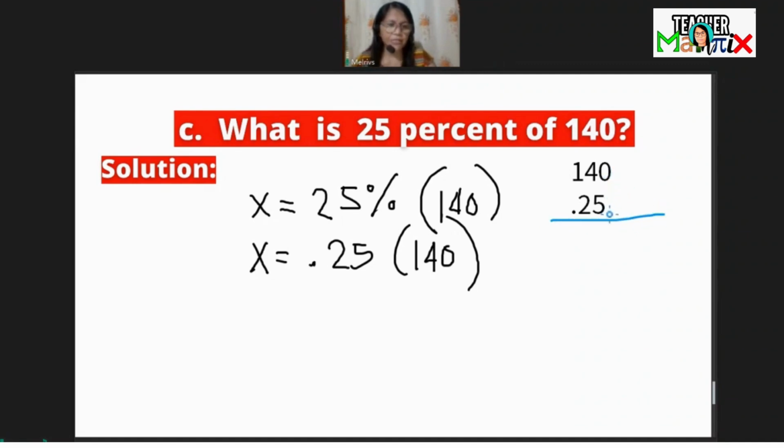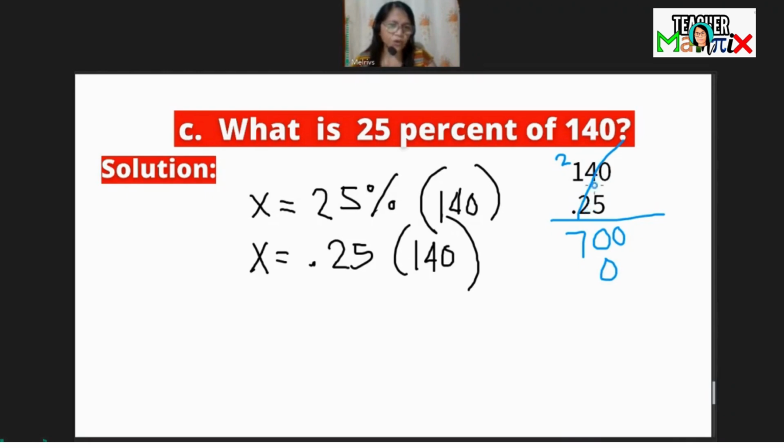0 times 5 is 0. Then 4 times 5 is 20. Bring down 0. Carry 2. 1 times 5 is 5 plus 2, 7. In here, let's distribute 2. 2 times 0, of course, 0.